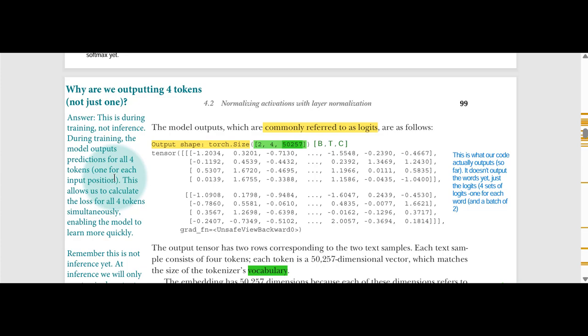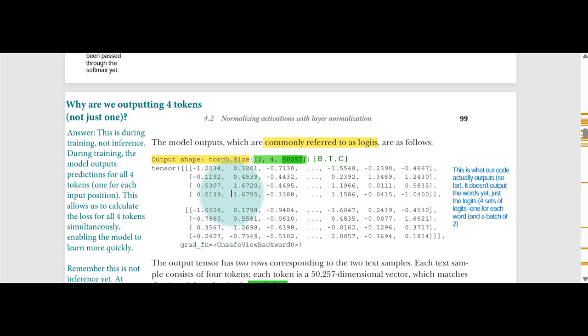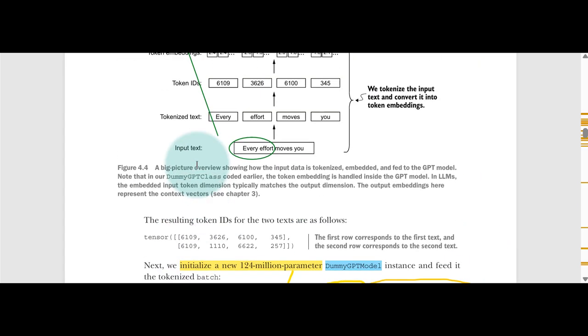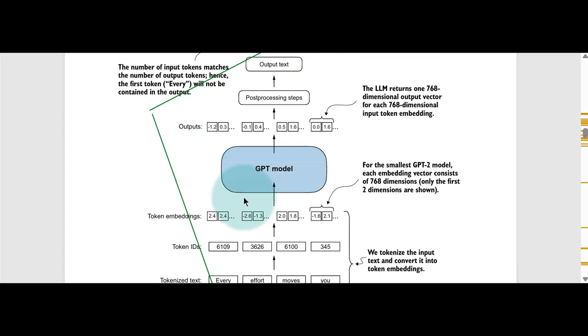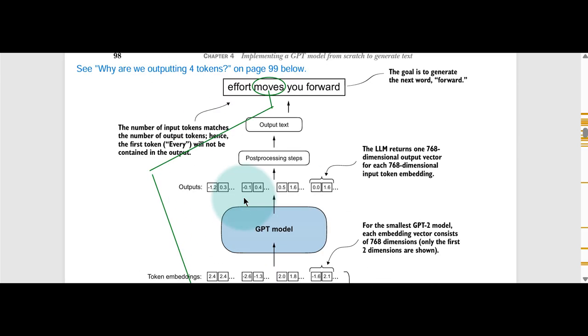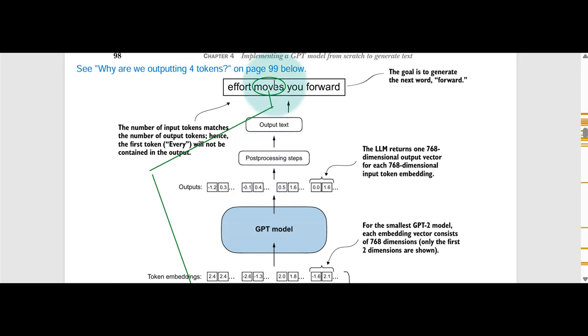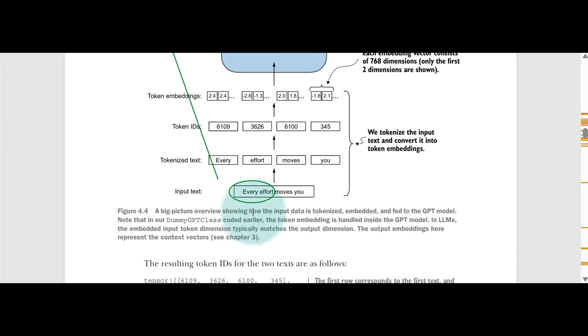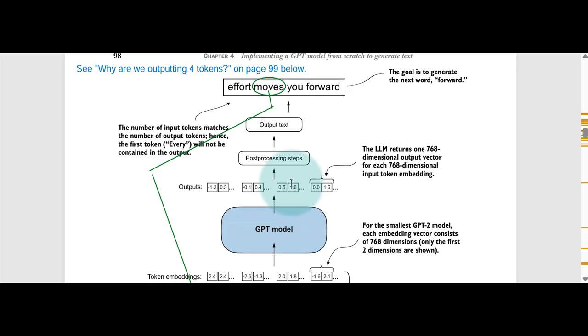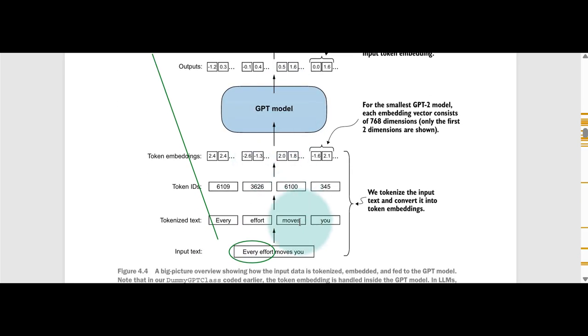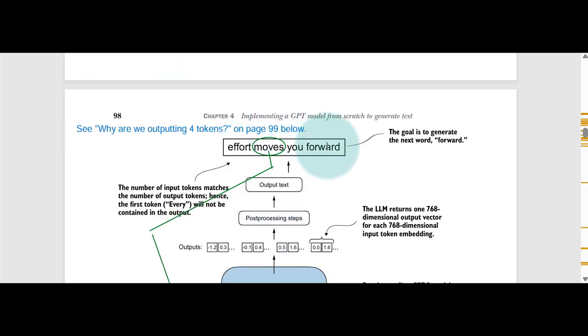It's much more efficient: when we run one sequence through, we get to work with 4 different errors. That's what this picture is showing: for every input, the prediction is this. So with 4 inputs, we get 4 training examples, basically.